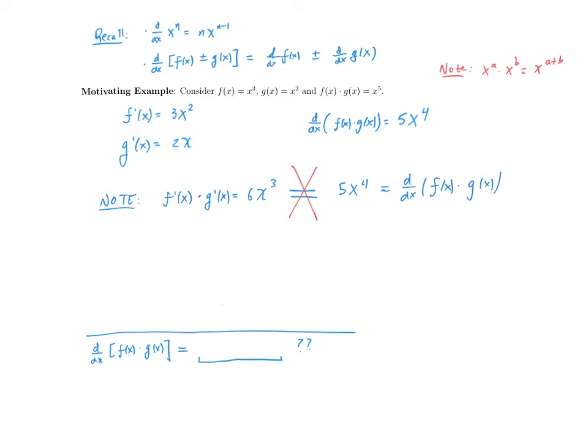And this indicates to us, if we want to come up with a more general formula, as we've alluded to below, to differentiate the product f times g is going to be more involved than just multiplying their two derivatives together. And this, in fact, leads us to something which is called the product rule, which is as follows.